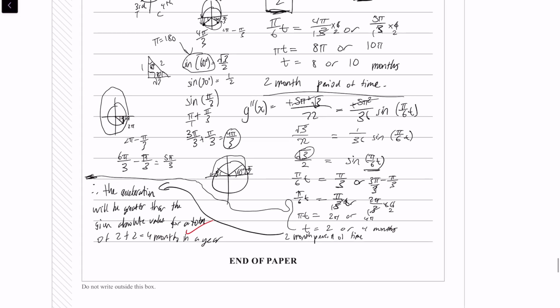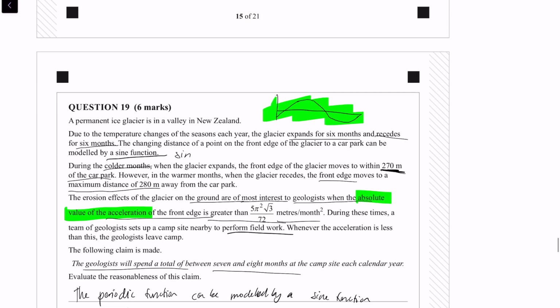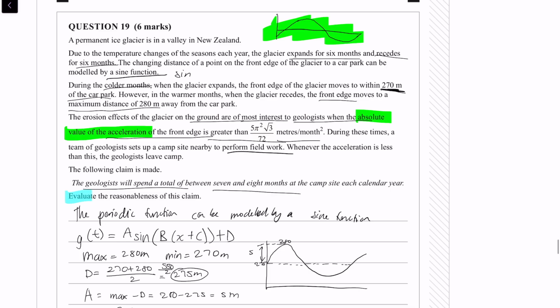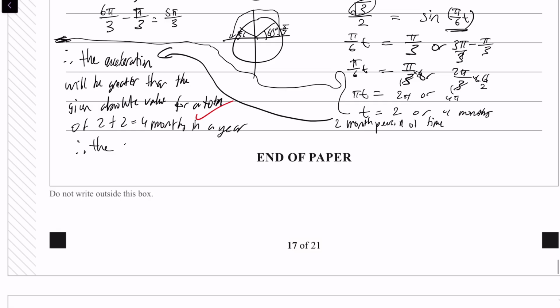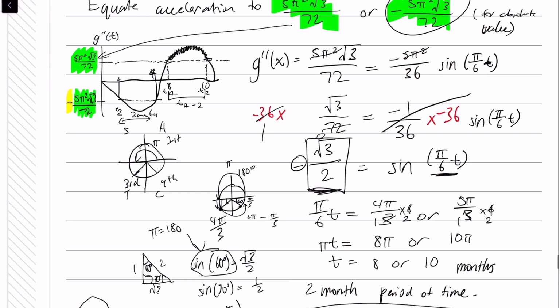And then, always remember to answer the question, where the cognitive verb here is evaluate the reasonableness of the claim. Basically just say, therefore, the claim is not reasonable as 4 months is less than the stated, between, what was the claim?